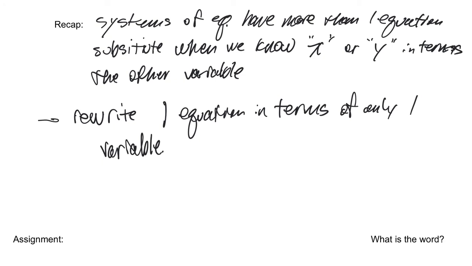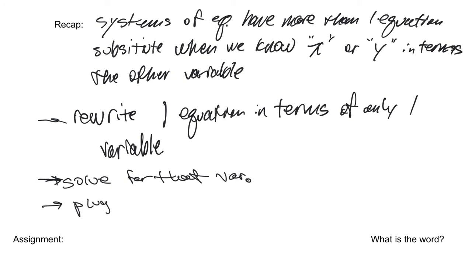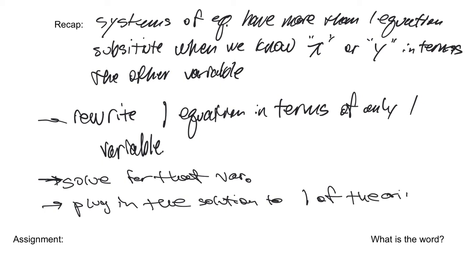So we rewrite the one equation in terms of only one variable, then solve for that variable. Then we plug the solution into one of the original equations. It could be either one. I just chose the simplest one, the one that already had y alone.